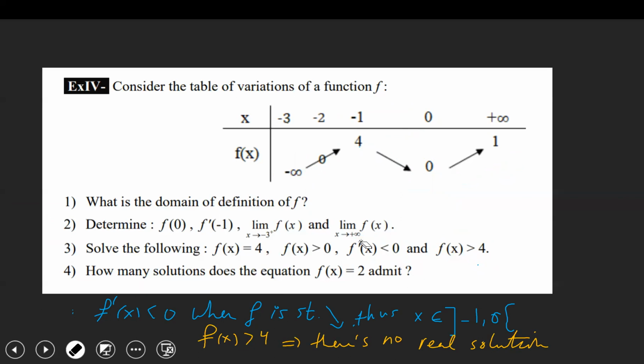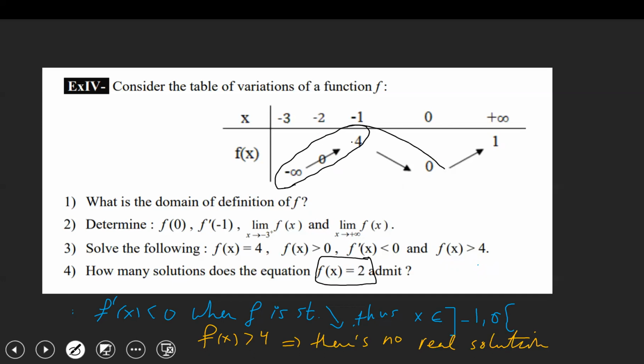And finally part 4: I want to know the number of solutions of f of x equal to 2, that is, how many times it passes through 2. We can read the intervals one by one. Going up from -infinity to 4, we pass through 2 once. From -infinity we reach zero, after zero 1, 2, so it passes through 2 once.